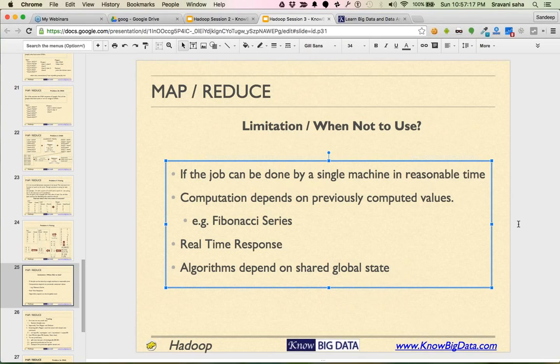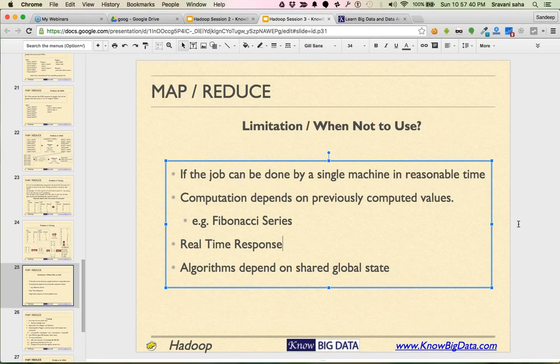Now, sometimes you want a real-time response, where your expectation of response is in milliseconds. Hadoop is not a good solution. Why? Because MapReduce runs at its own luxurious time. You submit the job, it goes and does the work, and then it doesn't give you the response, it puts it in HDFS.